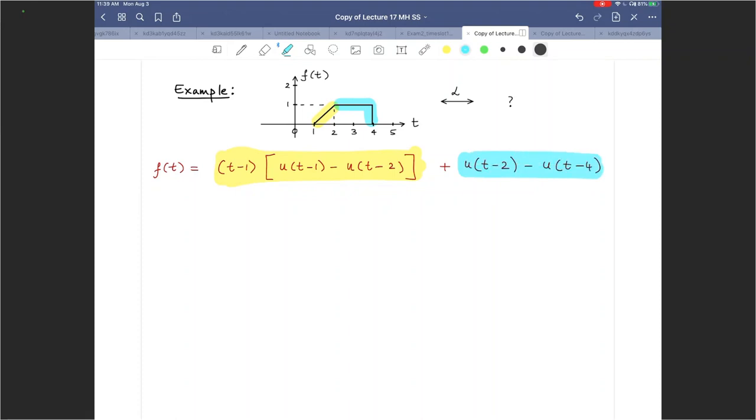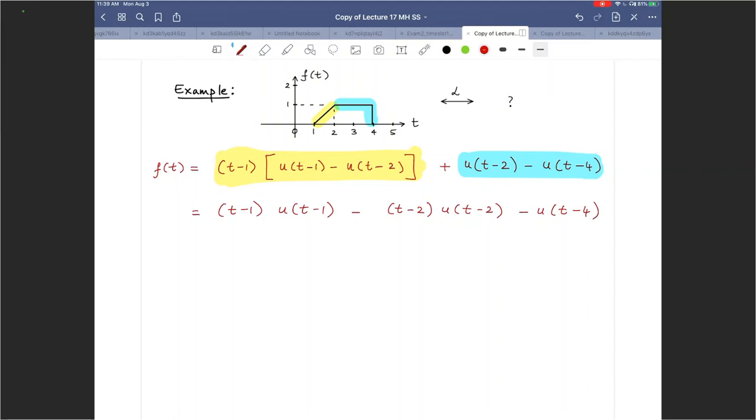That's it. Now, if you simplify this a little bit, you can write this as t minus 1 u of t minus 1 minus t minus 2 u of t minus 2 minus u of t minus 4.